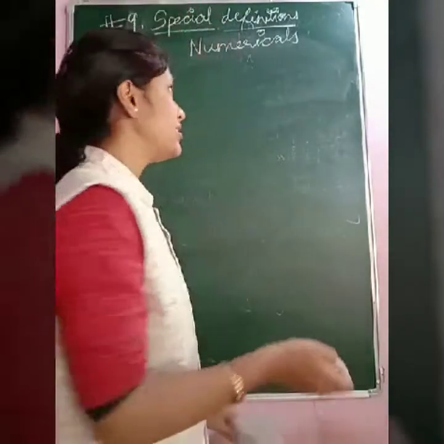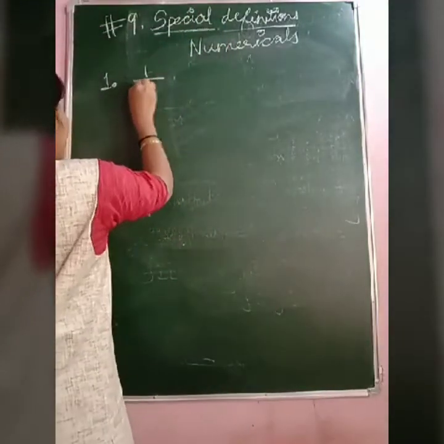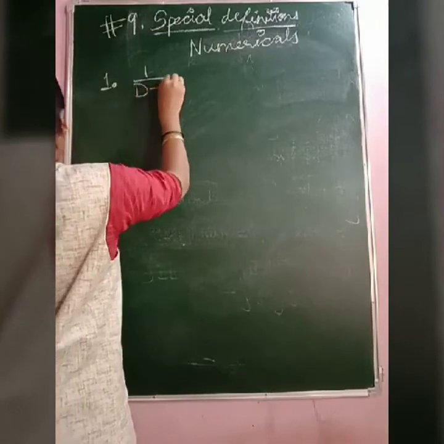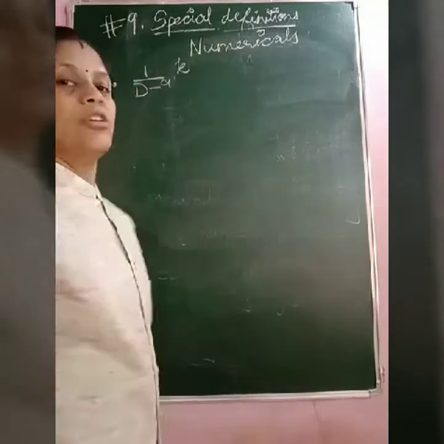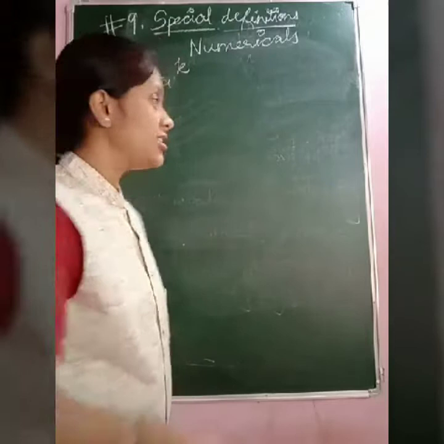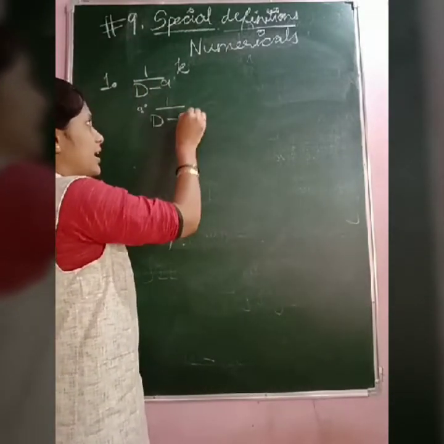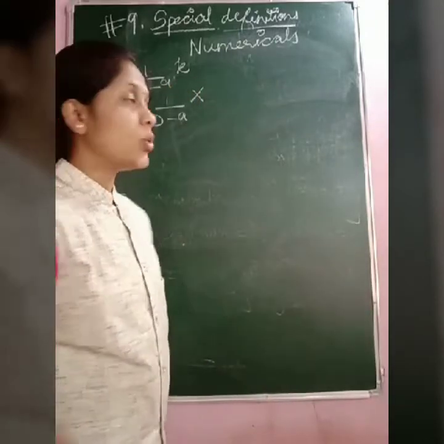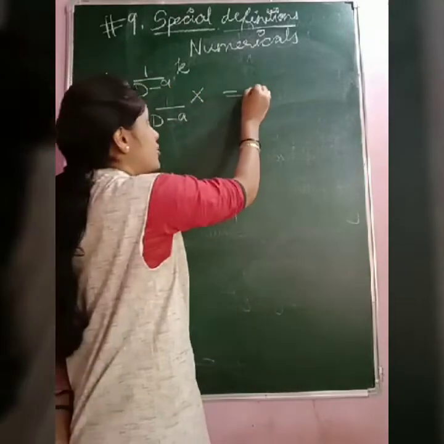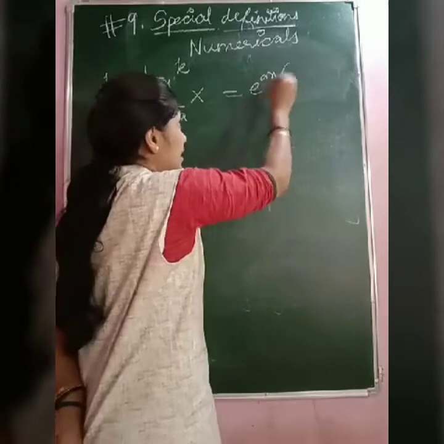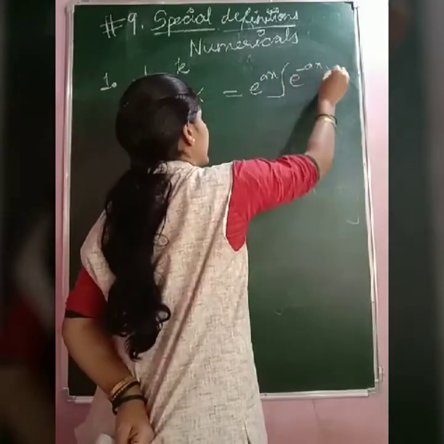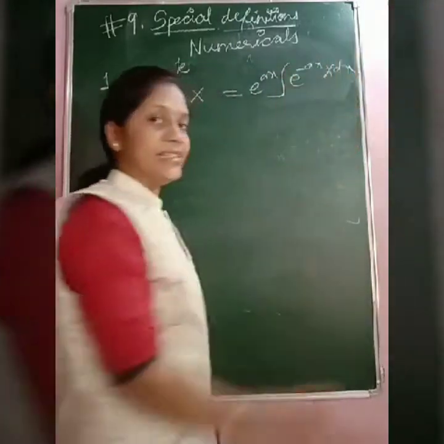So the first question is, solve 1 by D minus a of k. So already we know the definition, that is, 1 by D minus a of X. So whenever it is D minus a, we have to start from e raised to ax, integration e raised to minus ax, X dx.